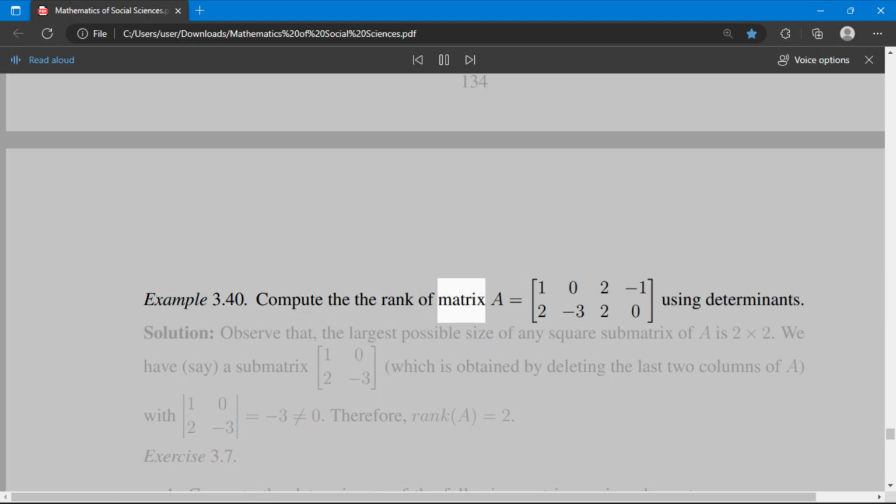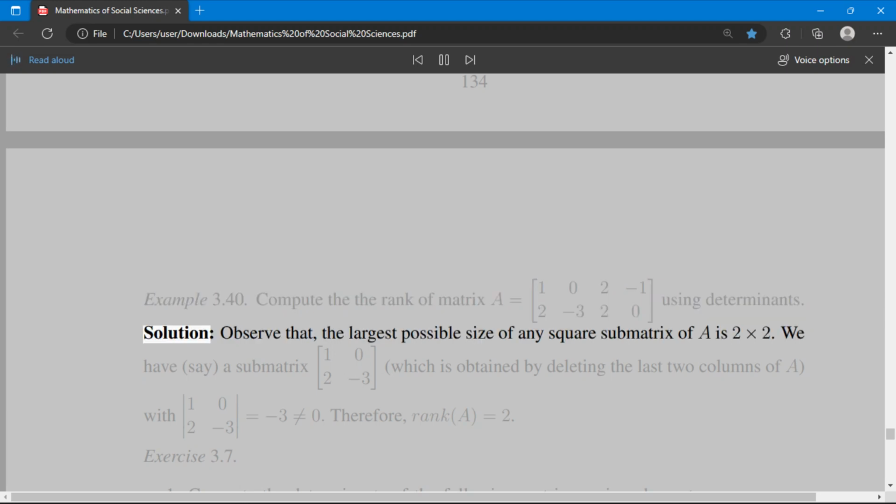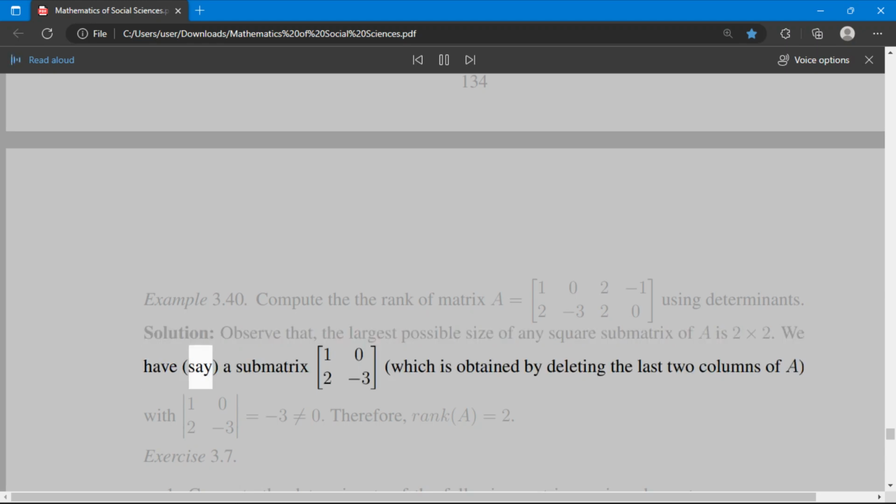Example 3.40. Compute the rank of matrix A equals 1 0 2, 1 2 3 2 0 using determinants. Solution: observe that the largest possible size of any square submatrix of A is 2 times 2.